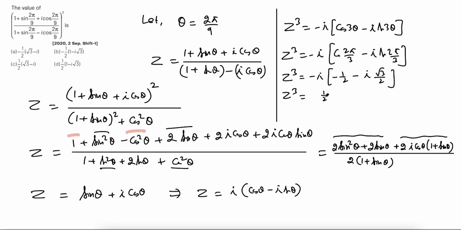So 1 by 2 out, and sending i inside, this becomes i minus i square, which means minus root 3, so this is the answer. Minus root 3, yes, option A, because you can take the minus common again and the same thing will come.